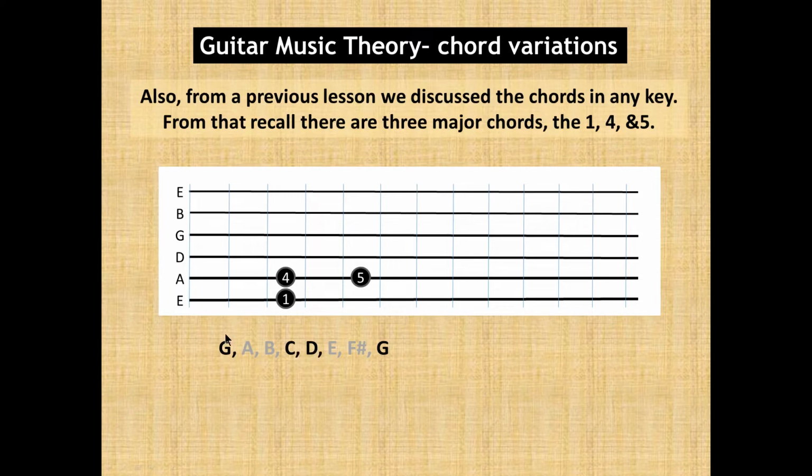The chords are usually designated with Roman numerals, but this would still be the 1 chord, the 4 chord, and the 5 chord if these were chords. Now I'm correlating them to the notes that are in the scale. You're going to see how this pattern becomes handy for us to think about a chord pattern as well. And the 1-4-5 is the most common. Those are the major chords in any key, and they're the most common chords that you find in songs.